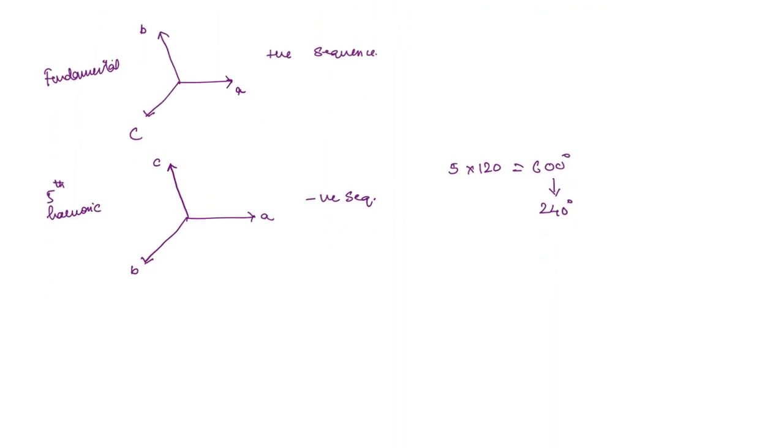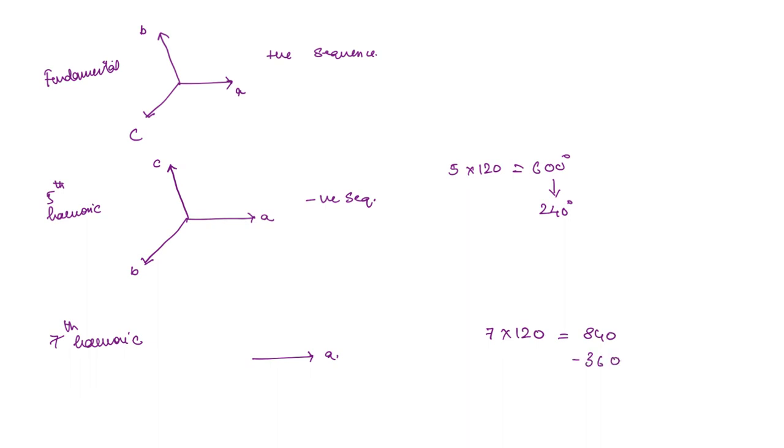Now in the seventh harmonic, you are once again going to get a positive sequence. For B phase, if you multiply 7 into 120, this is going to give you 840. Now 840 minus 360 is 480, still greater than 360. So once again if you subtract, you are going to get 120.